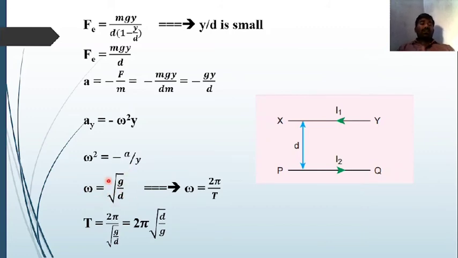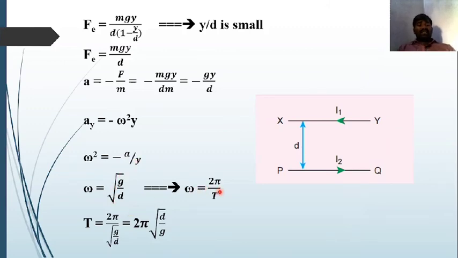In this equation we plug in the value of acceleration a, minus gY upon d. So finally we get omega is equal to square root of g upon d.